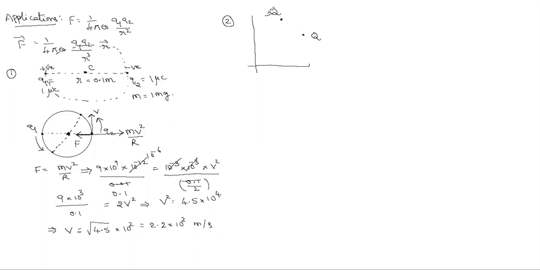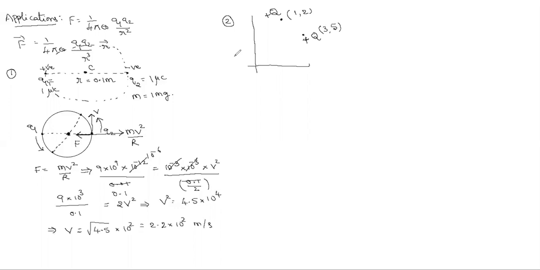Suppose both are positive charges, so they repel. The repulsive force we have to find out. And here my question is, suppose the coordinates of the first point are 1, 2, and the second point is 3, 5. So these are the coordinates of the first point and the second point.